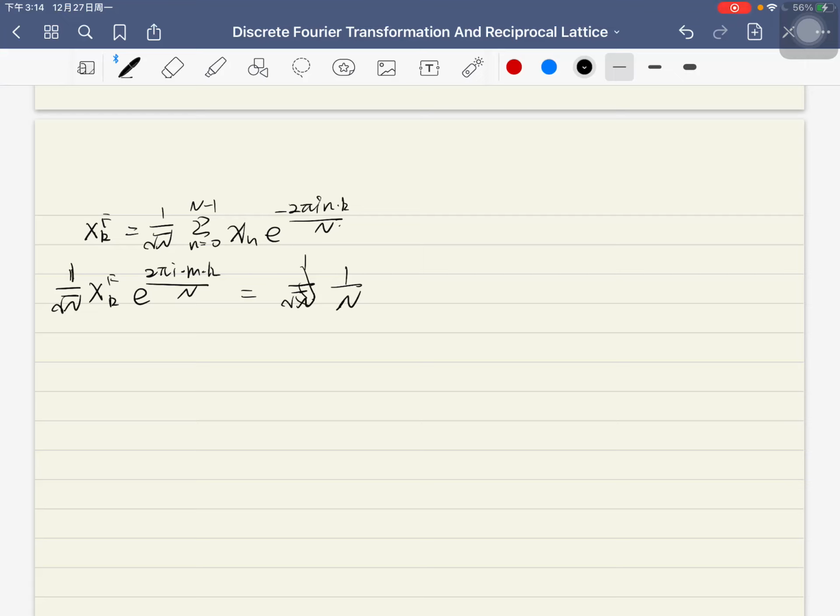And here the sum over n of x_n e to the minus 2 pi i (n minus m) k over N. Then we sum over k from 0 to N minus 1.